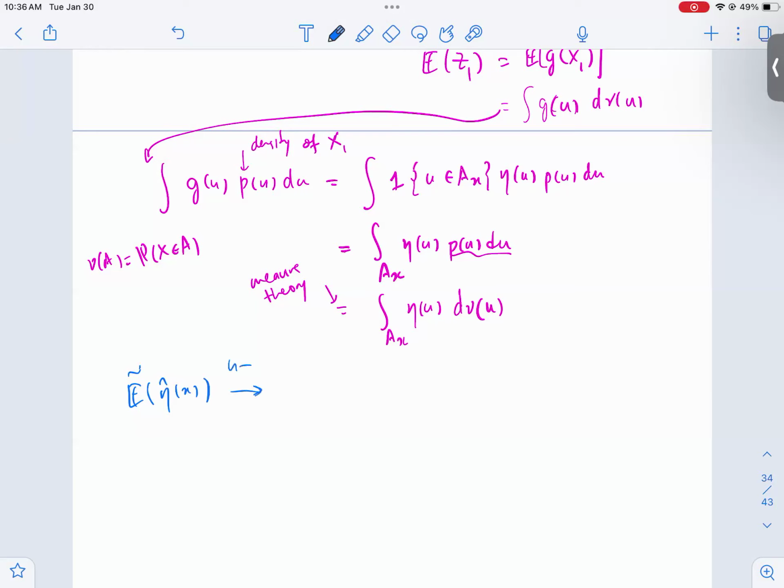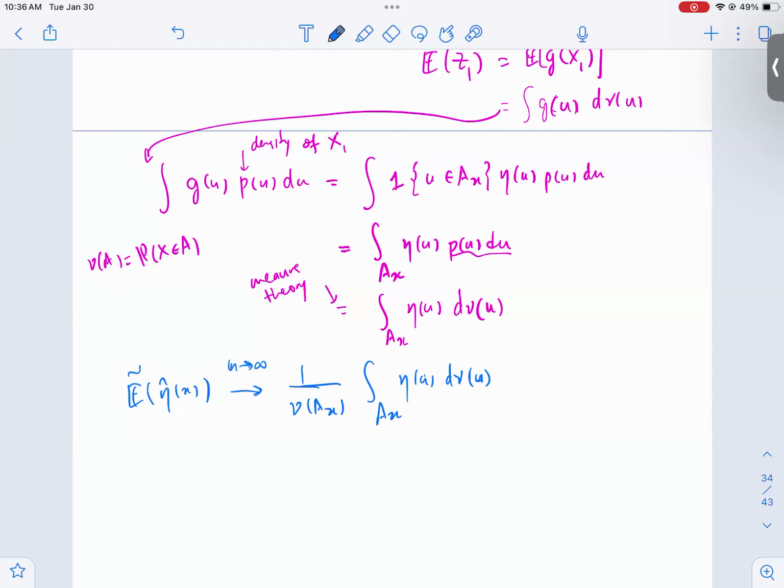So if you plug everything back together, the bias, the expectation of eta hat(x), converges as n goes to infinity to 1 over nu of A_x, times the integral over A_x of eta(u) d nu. In any case, it's the same quantity that appears here.